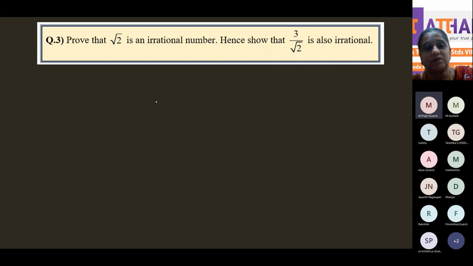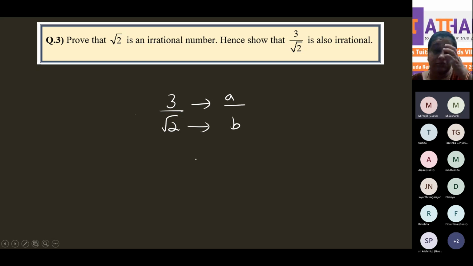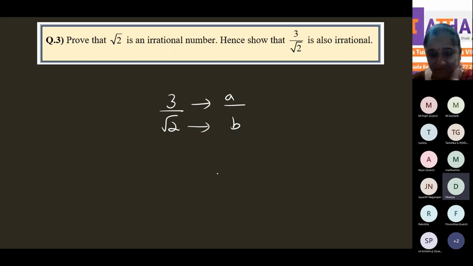Now this 3 by root 2, it's of the form p by q, right? Or a by b? Then it's rational, right? No, ma'am. Both of them should be integers, but the denominator is not an integer.